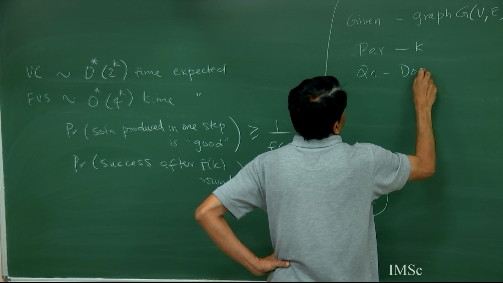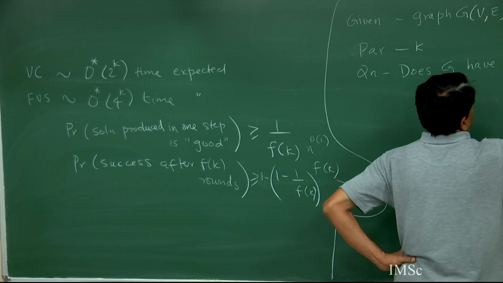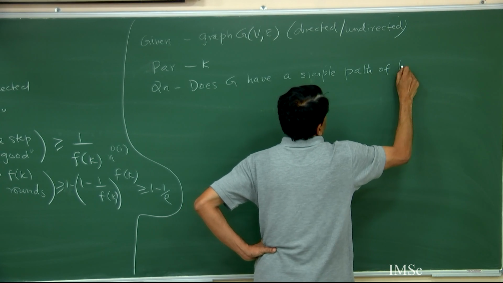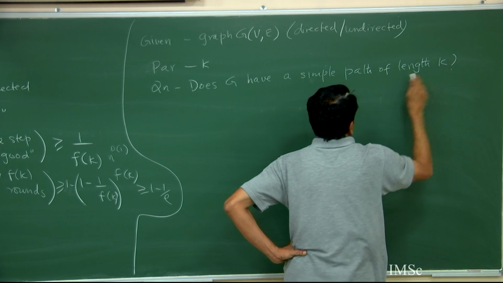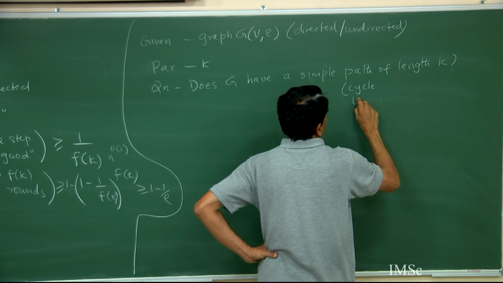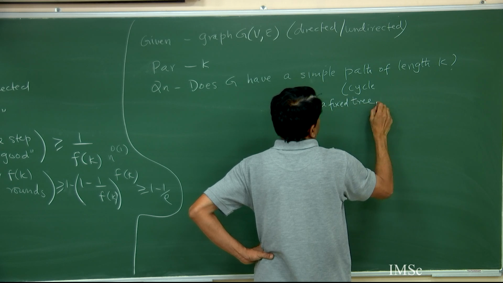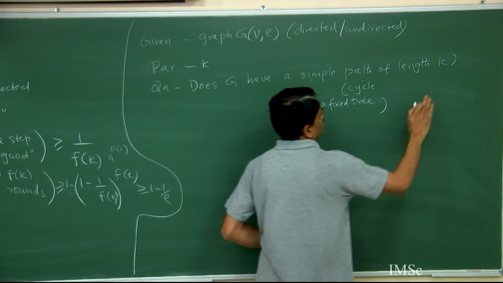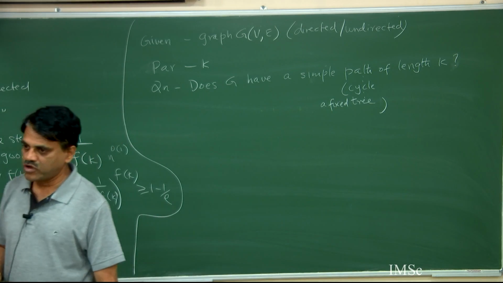Does G have a simple path of length k? This works for lots of other things, like a cycle or a fixed tree, and so on. We will look at path. So, is there a path of length k is the problem we want to solve, and k is the parameter.